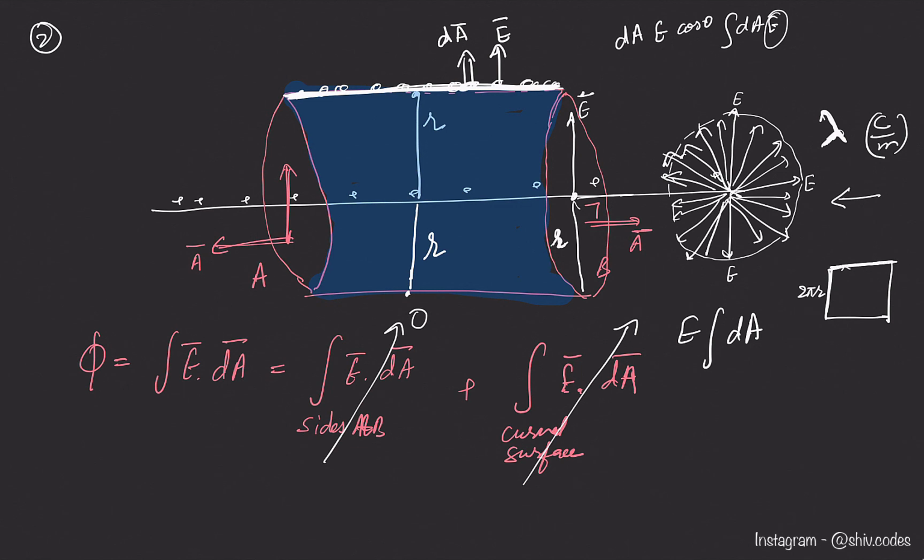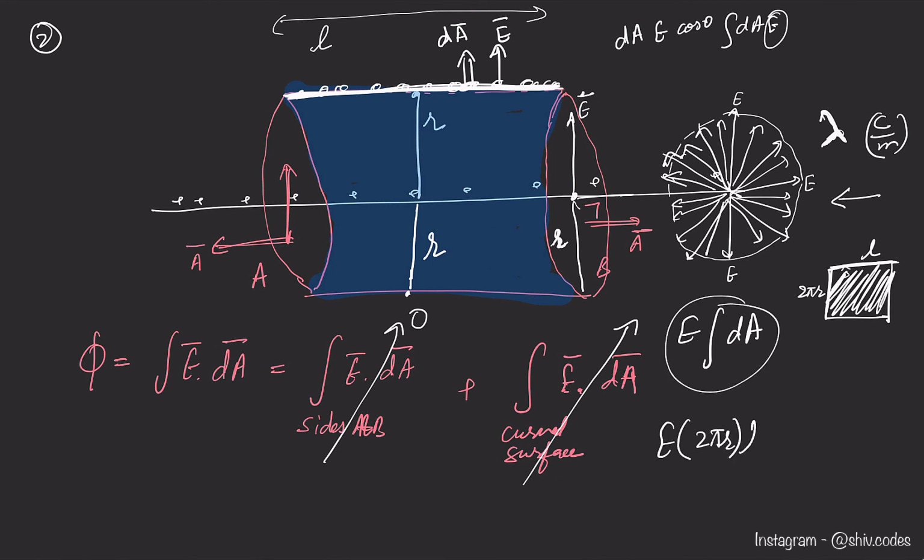And this length, we haven't decided what length of cylinder we have taken, and I think it will not matter in the end, but let's define some length, say L. So the area of this is 2 pi R L, and this becomes E into 2 pi R L.